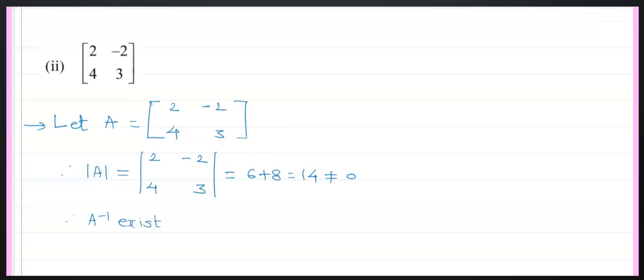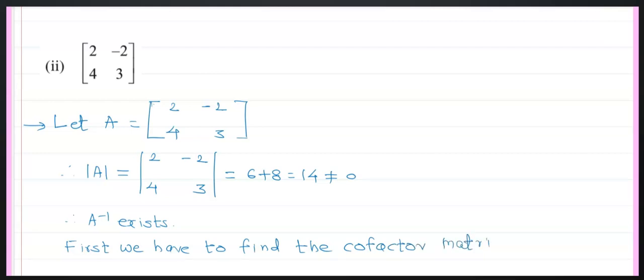A inverse exists. That is, the determinant must be non-singular. Its value is not equal to 0. Singular means what? The value of the determinant is equal to 0. A inverse exists. First we find the cofactor matrix.